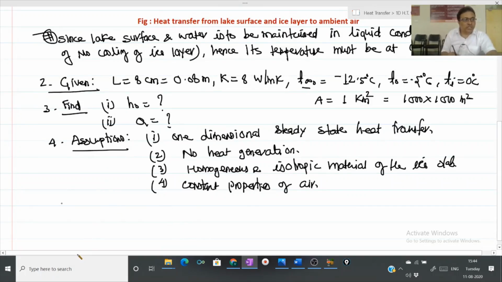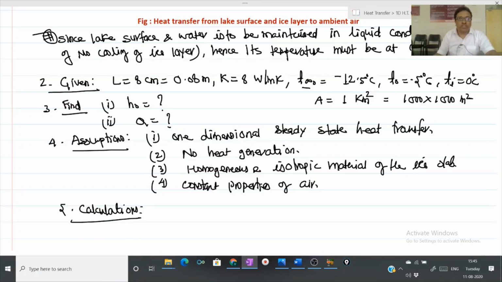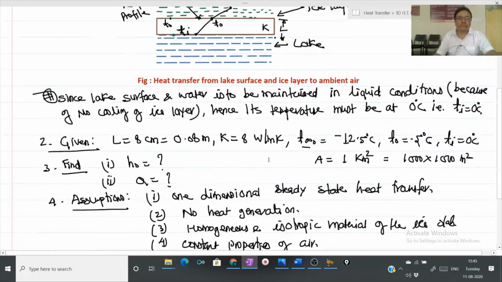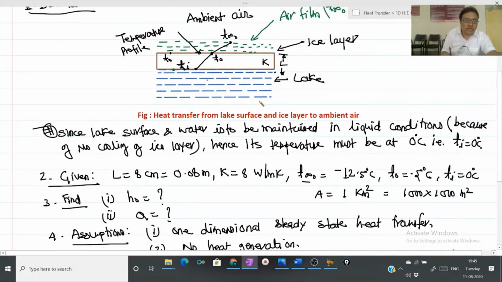Now let us do the calculations. Now, as can be seen from the schematic, we are considering heat transfer only in one direction, that is from lake surface to the ambient air side at the rate of Q. The heat transfer in other two directions, we are not considering.